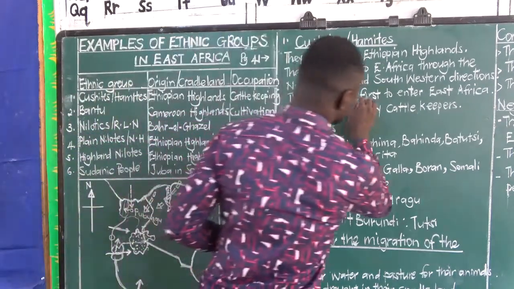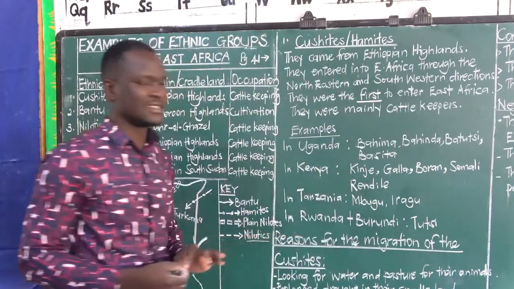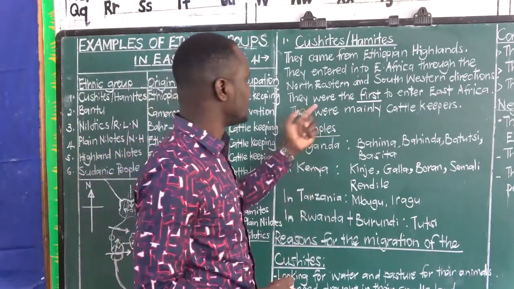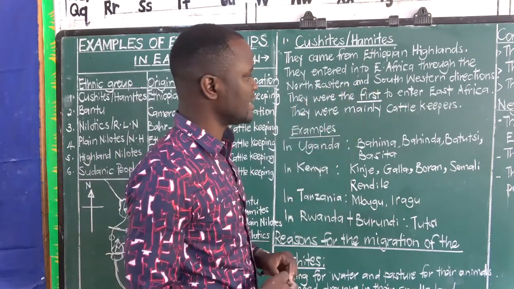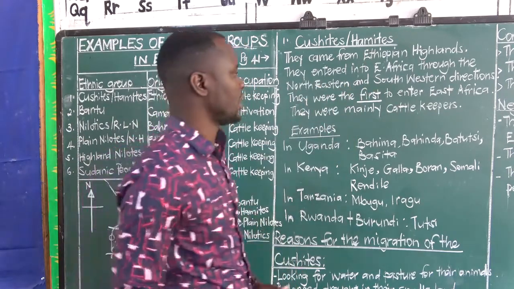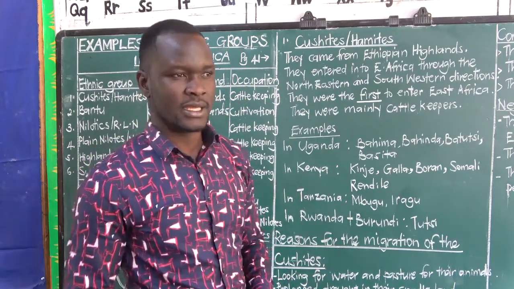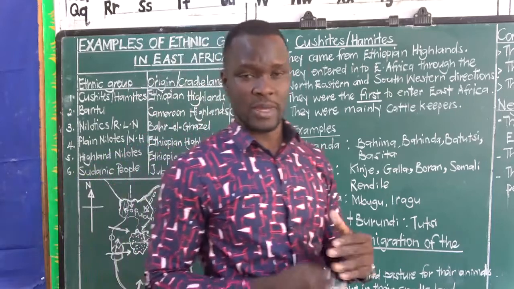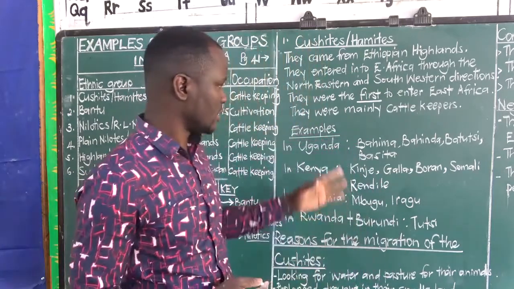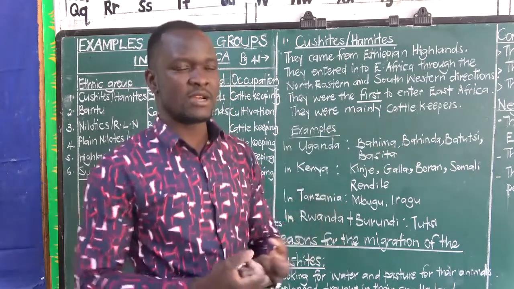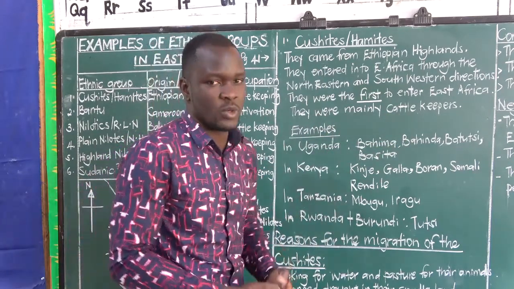I have already explained this, and I have answered yet another question that you can be asked. They were the first ethnic group to enter East Africa. And we have said these people were mainly cattle keepers. Don't forget that. Their main economic activity was cattle keeping.